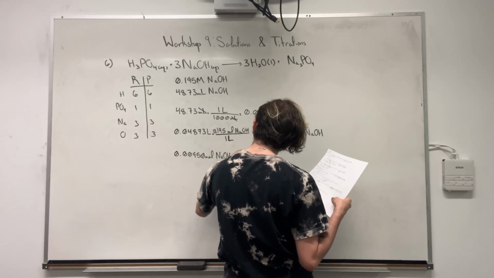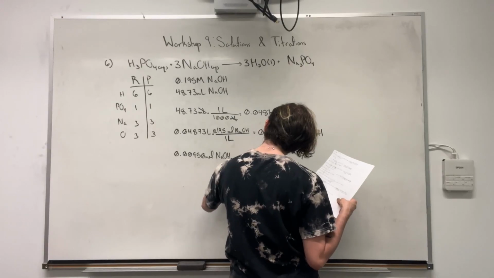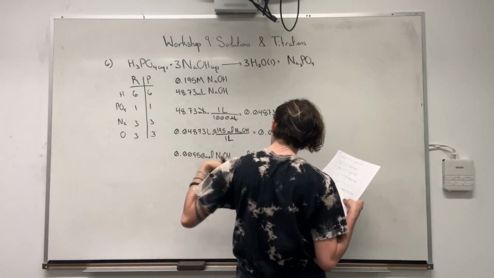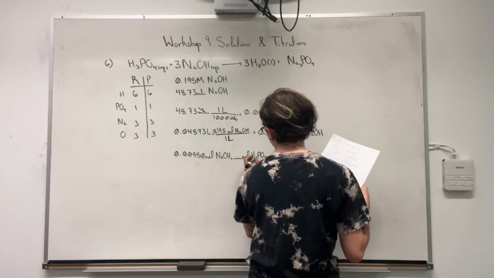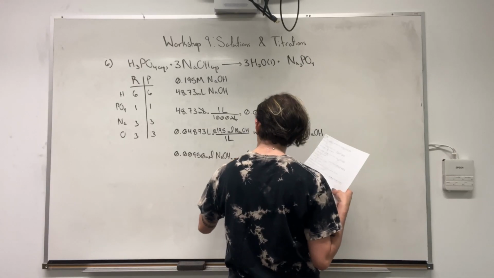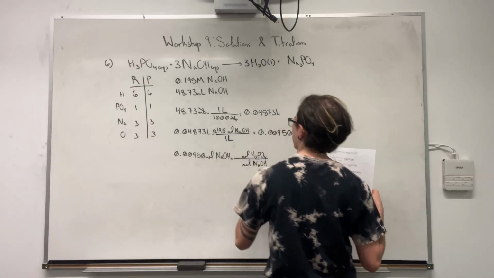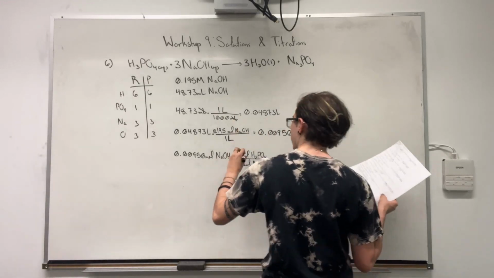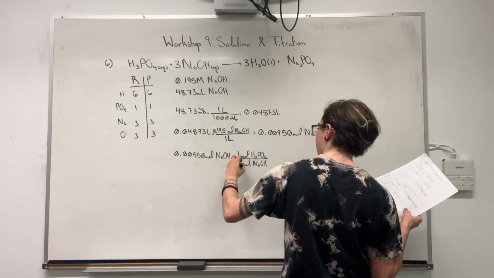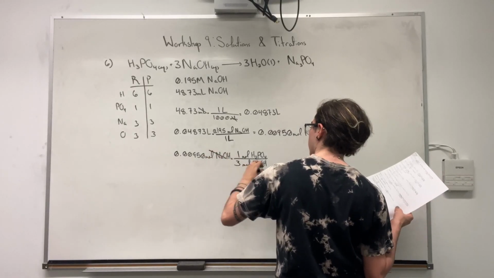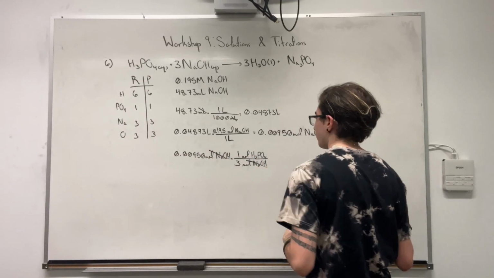We want to get to moles of phosphoric acid, so that's in our numerator. We want to get out of moles of sodium hydroxide, sorry. 1 to 3, 1 mole of phosphoric acid for every 3 moles of sodium hydroxide.